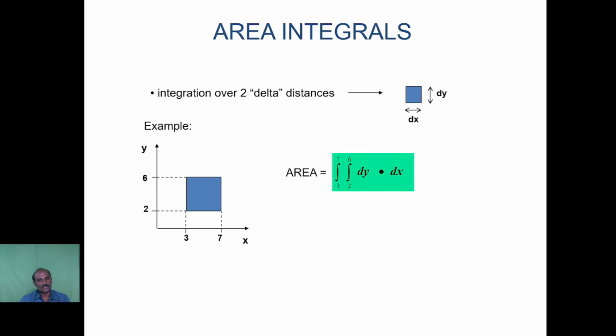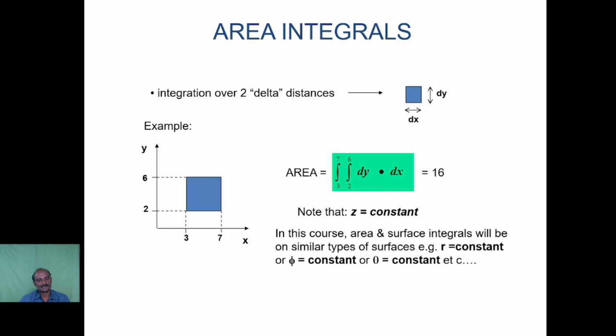So area is equal to the integration over x as well as y. The third coordinate is a constant. So here r equal to constant, phi equal to constant, and theta equal to constant in spherical coordinates.